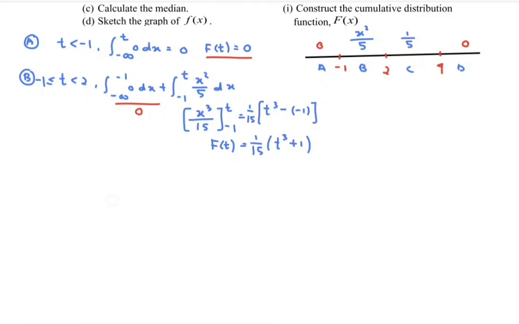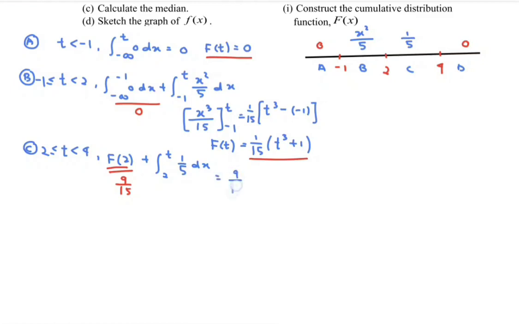Next, continue with part C. Here we will have t greater than or equal to 2 and less than 4. So the function will be F(2) plus the integral from 2 to t of the function 1 over 5 dx. As we can see in here, if we substitute 2 into this part, then automatically the answer will be 9 over 15. So continue.